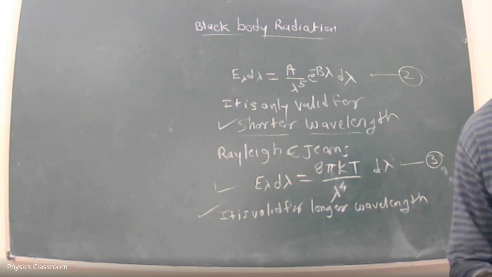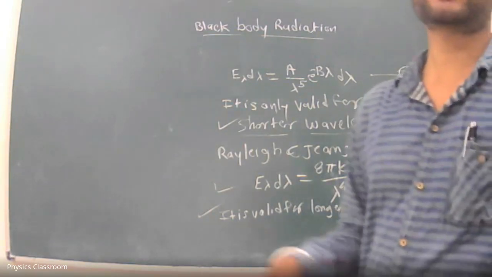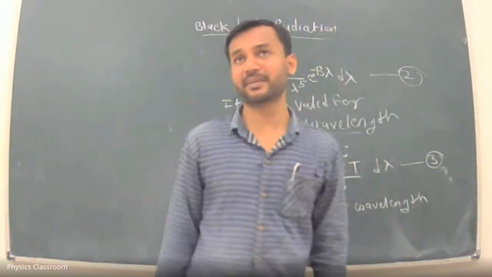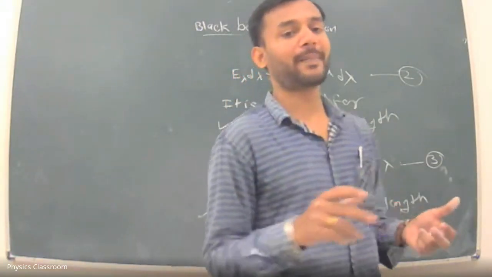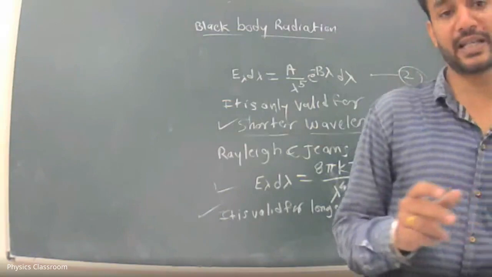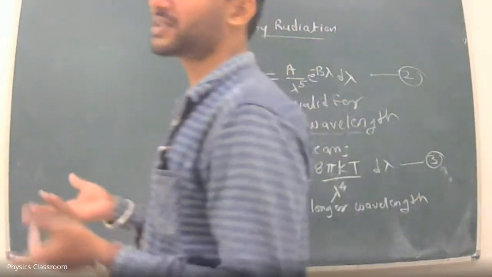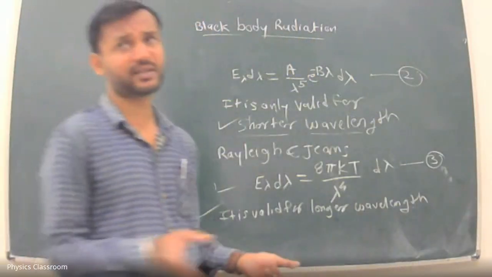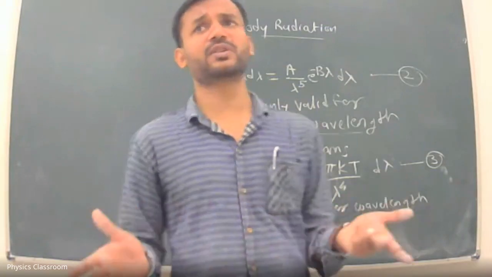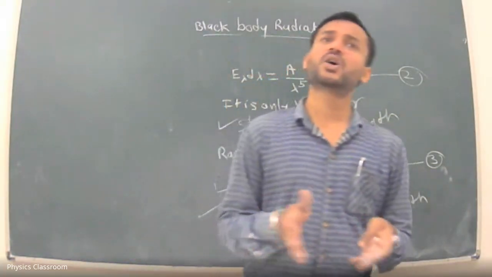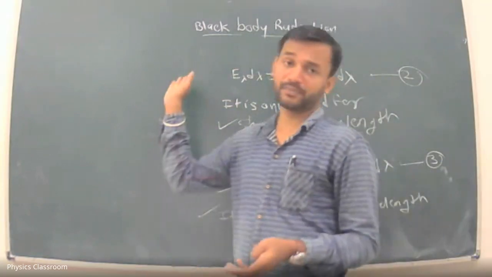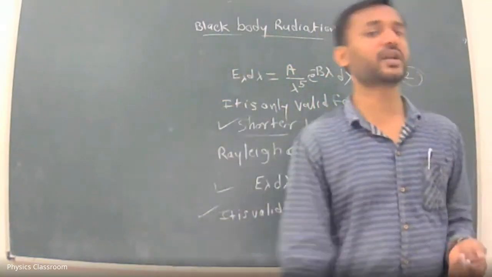At that time, the scientist Planck proposed a new formula for the black body radiation. Lastly, Planck proved the black body radiation. It is valid for all the laws we have already written here.